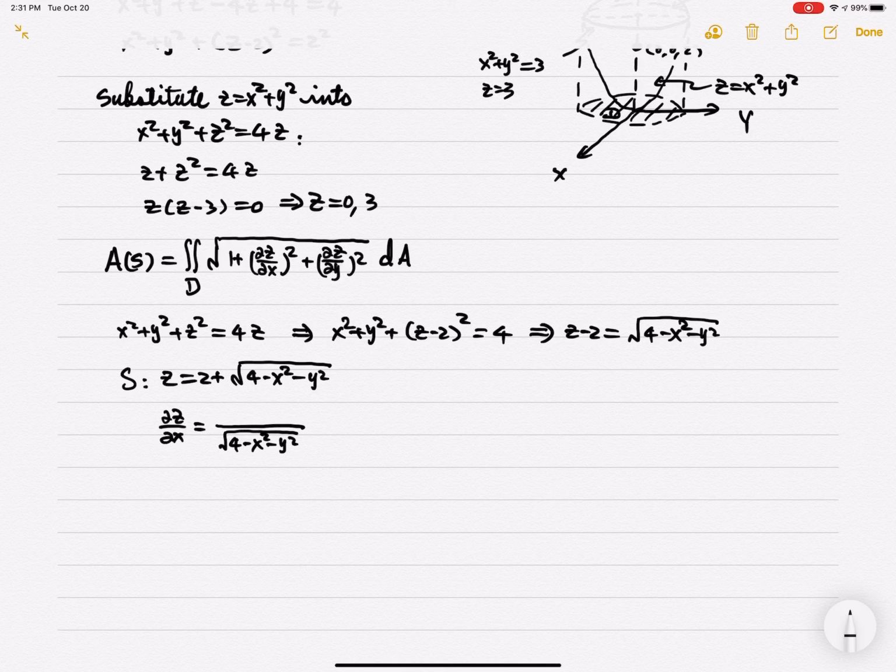You have a 1/2 moving in front, but here you have negative 2x, cancel the 2, and you have negative x over root 4 minus x squared minus y squared. And partial z partial y is equal to negative y over root 4 minus x squared minus y squared.